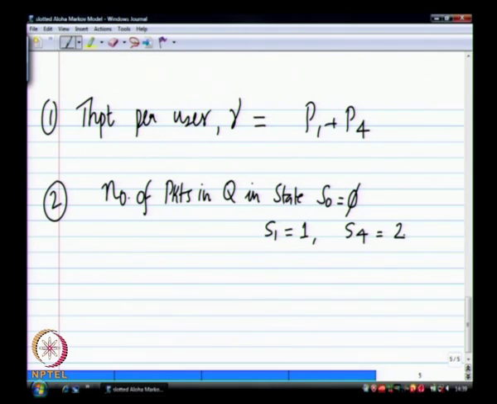Some cases are easy, some are not. S1 and S4 are easy, 1 and 2. For S3 and S2, I have to spend some time to figure out the probability that a packet would have arrived, so they require some extra computation, because I started off in S2 with one packet. S2 is my wait state of length m by 2.